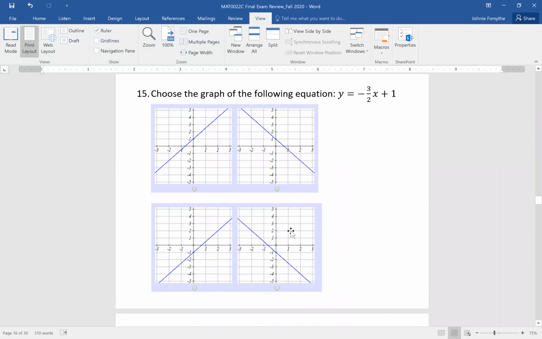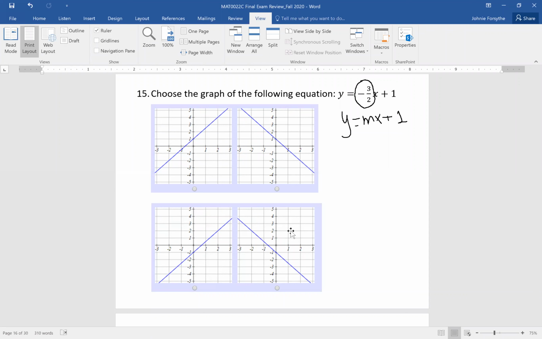Oh, okay. All right, so back to the slope-intercept form, which is y equals mx plus b. One thing, the easiest way to find the best graph is looking at the slope. You see that it's negative, right? If it's negative, you know the line should be going down.